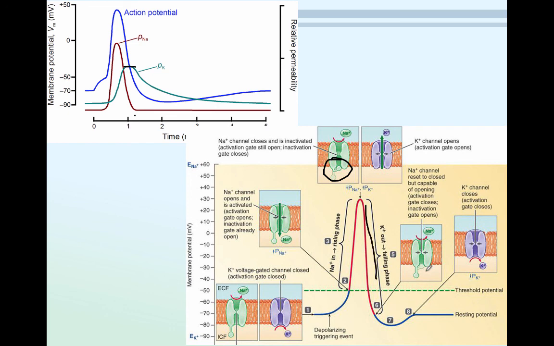And then finally, all the channels shut. Unfortunately, a little bit too much potassium leaves the cell, and so we're down near the potassium equilibrium potential of about negative 90 millivolts. Now those sodium-potassium pumps have to pump the sodium back out and the potassium back in until we get back to negative 70 millivolts.